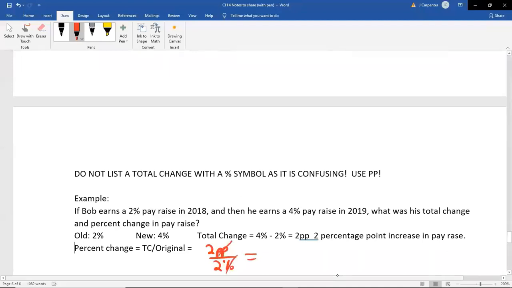And 2 divided by 2 is 1. Now be careful, this is not 1%, because the value you get here is a decimal. You have to convert this. Move the decimal right twice and it's 100%. So that's the percent increase in pay raise.